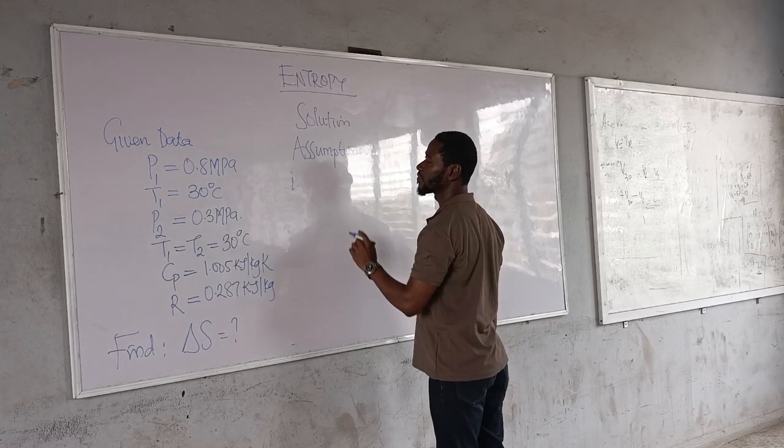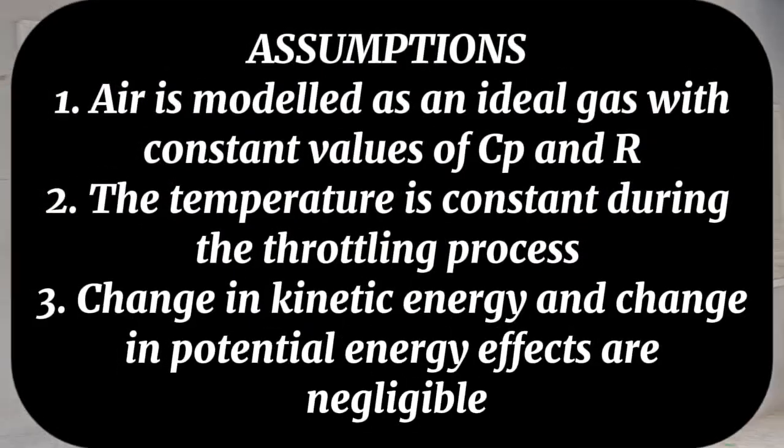The first assumption is air is modeled as an ideal gas with constant values of Cp and R. The second assumption is that the temperature is constant during the throttling process.